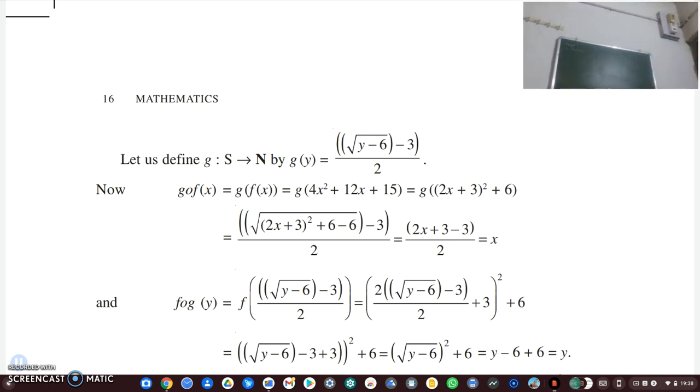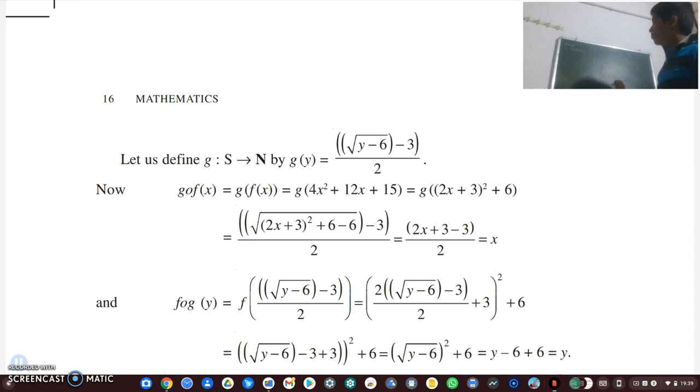Now can we write f(x) as y? Yes, we can write y as x square plus 1. This equation will be given in the question. I am just taking it from that example. So y equal to x square plus 1.